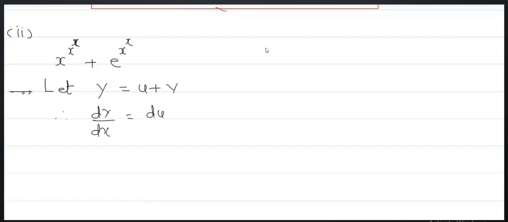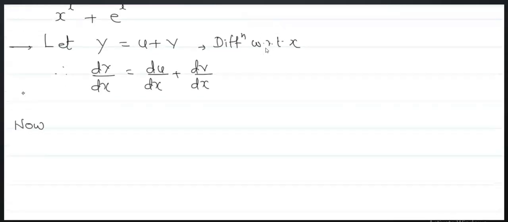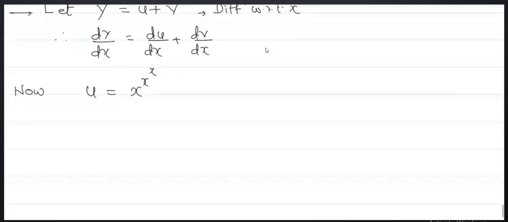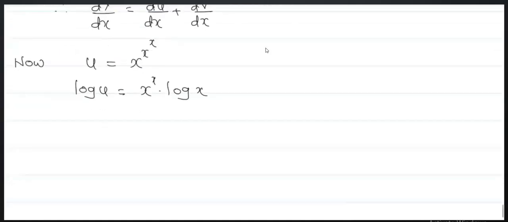Therefore dy by dx is equal to du by dx plus dv by dx, by differentiating with respect to x. Therefore u is equal to x raised to x raised to x. Take log on both sides, that is log of u is equal to x raised to x into log x. Now differentiate this with respect to x.